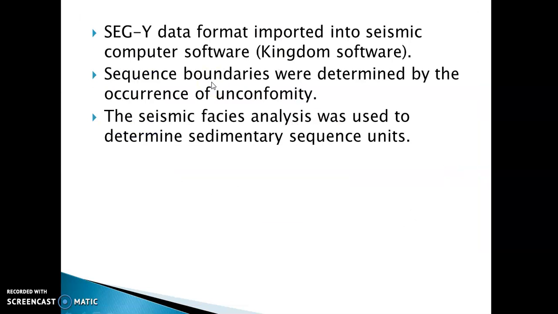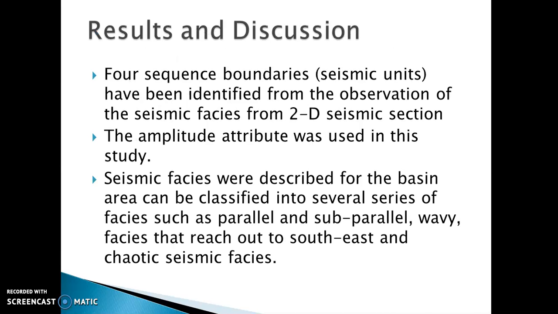The secondary data format was imported into the seismic computer software, Kingdom software. The sequence boundaries were determined by the occurrence of unconformity. The seismic facies analysis was used to determine sedimentary sequence units. Next, we will proceed to the results and discussion.